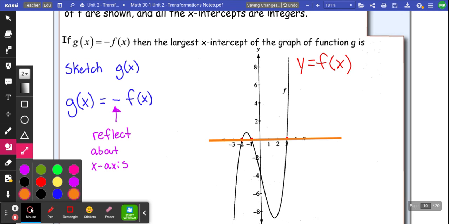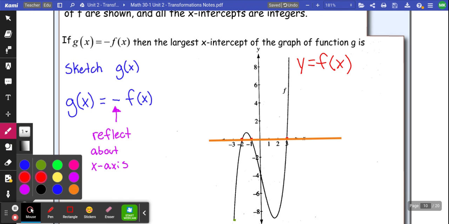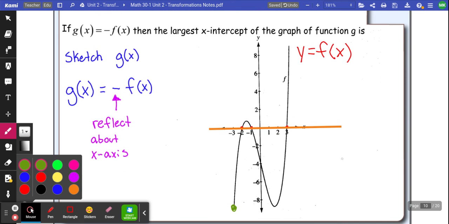To sketch it, just try to take some points and put them where they go, right? Like this one down here. This one down here is approximately negative 3, negative 9.